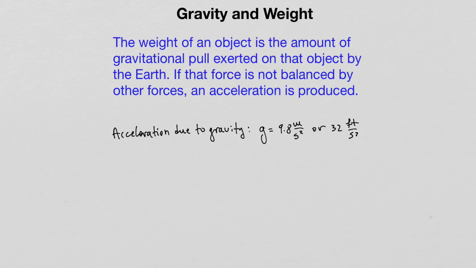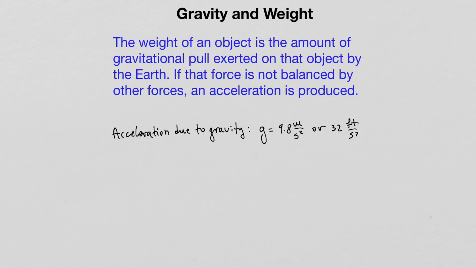This acceleration is known as acceleration due to gravity, and we already talked about it in the previous chapter about motion. So we label that acceleration with g, and the value of that acceleration close to the surface of the Earth is 9.8 meters per second squared in the metric system, or 32 feet per second squared in the imperial system.